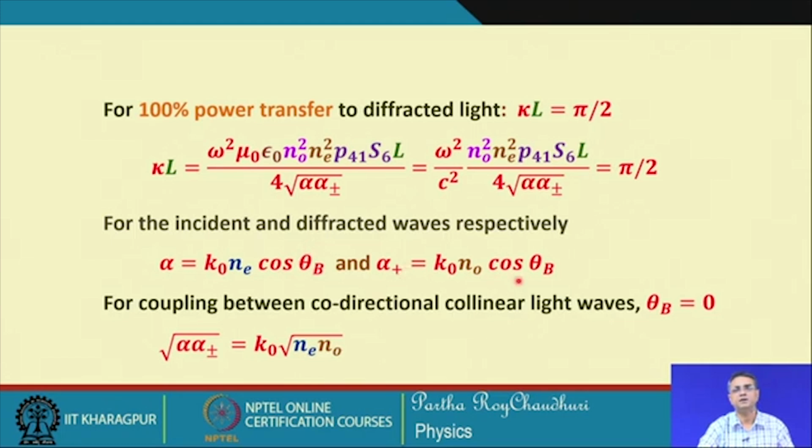Alpha plus will be k0 n0 cosine of theta b, which is the Bragg angle.